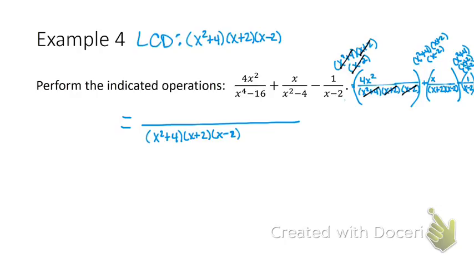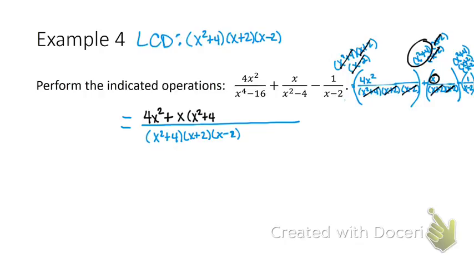What's left outside? Nothing outside, so we just had that 4x squared from inside, right? And then it's a plus. The second fraction, we got to get rid of the x plus 2 and the x minus 2. So outside I have an x squared plus 4 times the x inside. Let's put the x first because it's a single term.